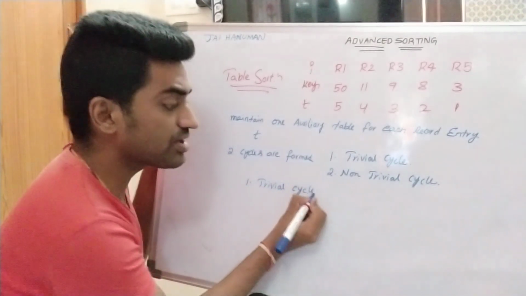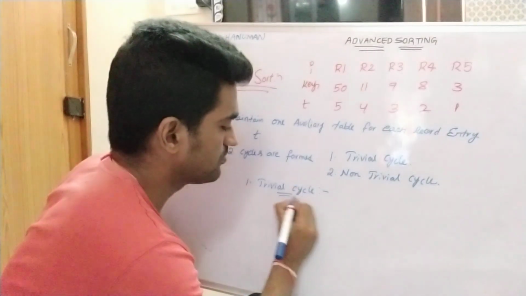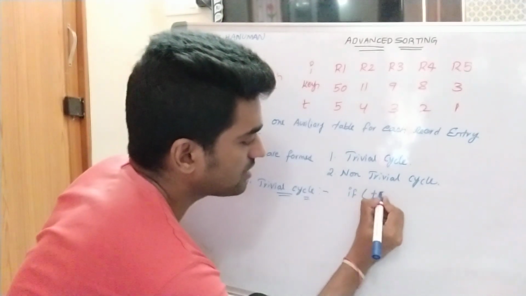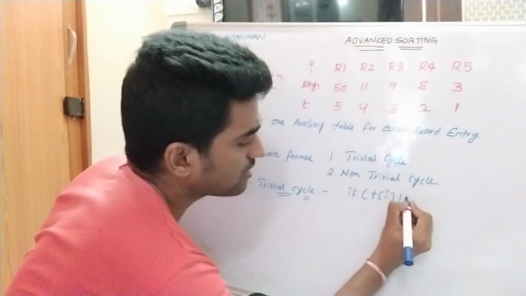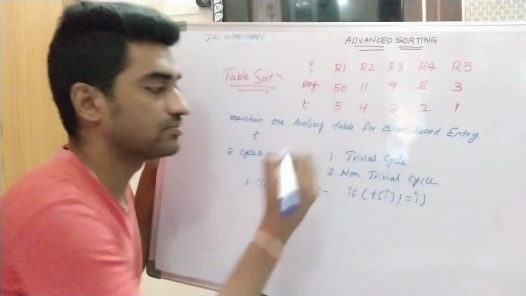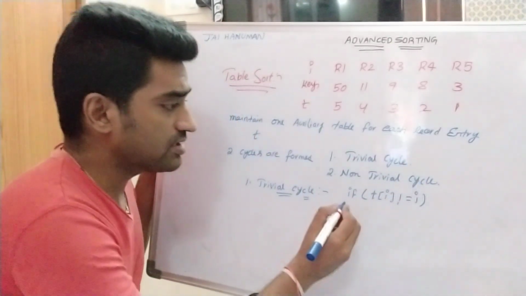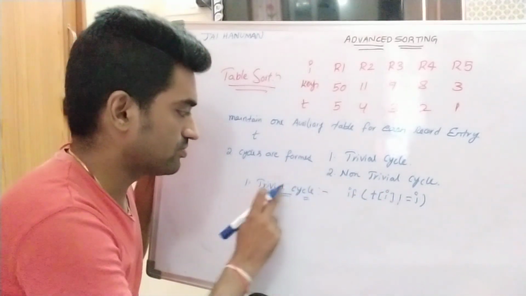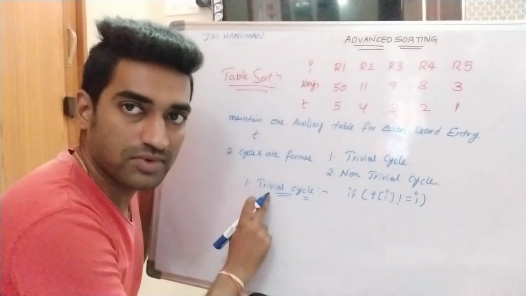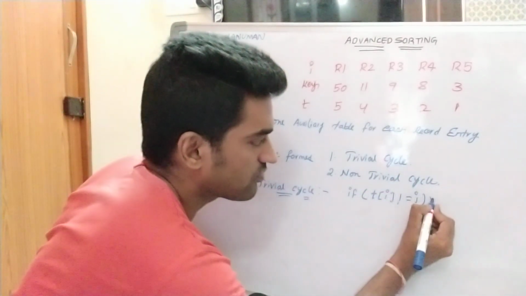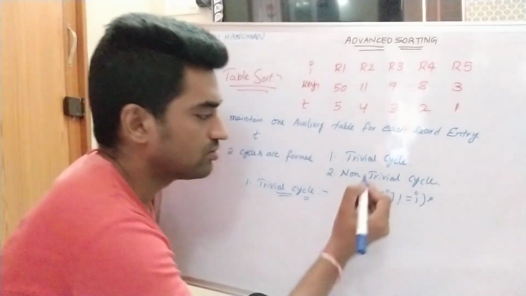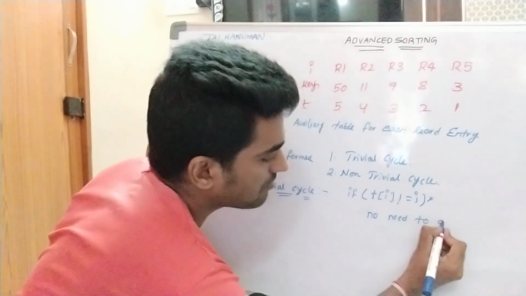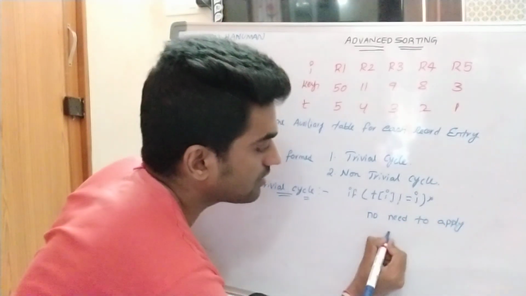In table sort, we are checking one condition, that is, if T of I not equal to I. If this condition becomes false, a trivial cycle is formed, which means this condition is a failure and there is no need to apply any procedure.